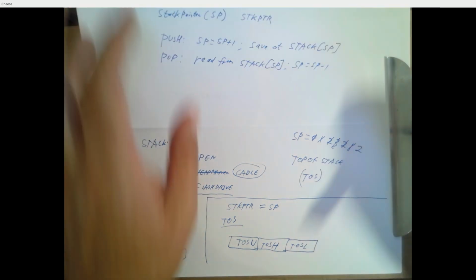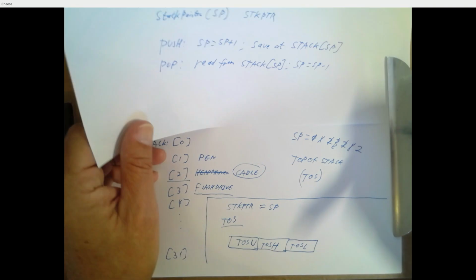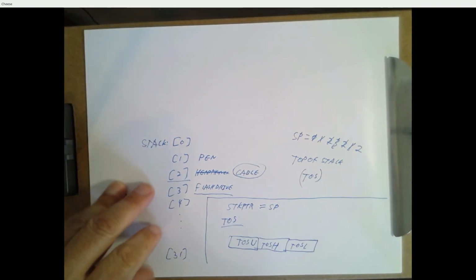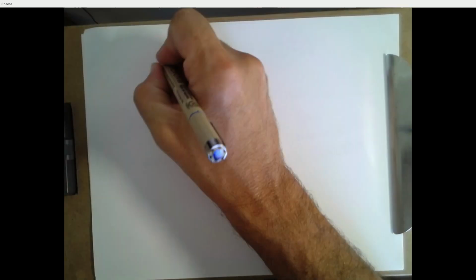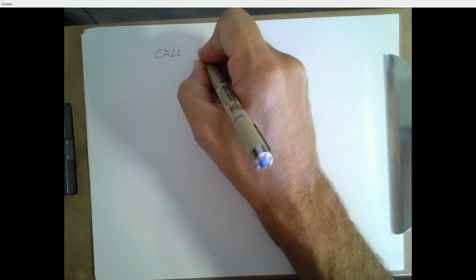Alright, well, so the stack is used anytime that you make a call, and here's how that works. So the call instruction, remember, says I want to go to some other location, but when you're done I want to come back. So when you say call some location, here's what happens.